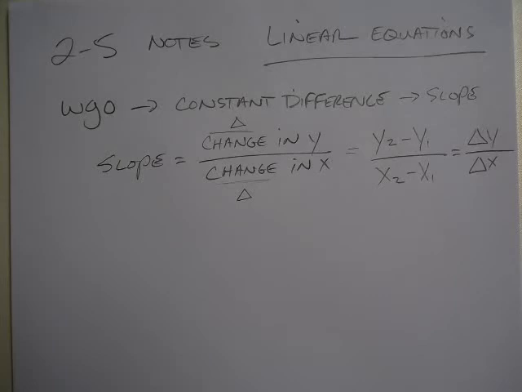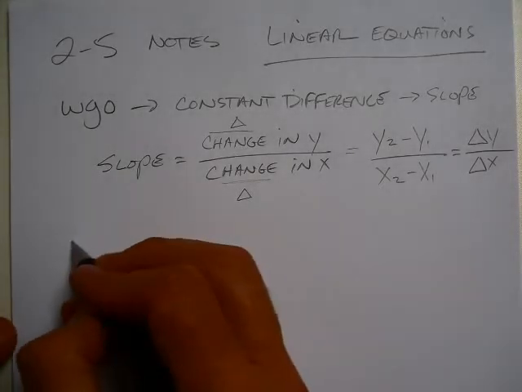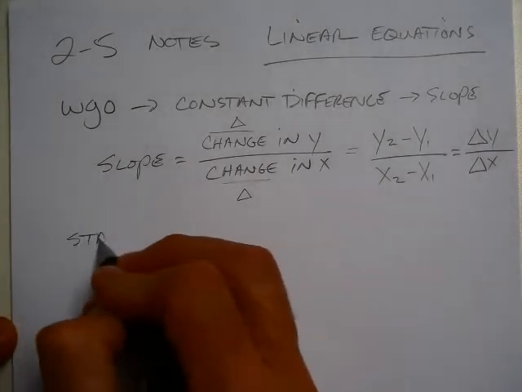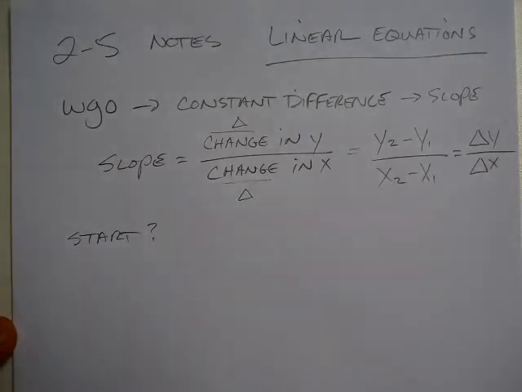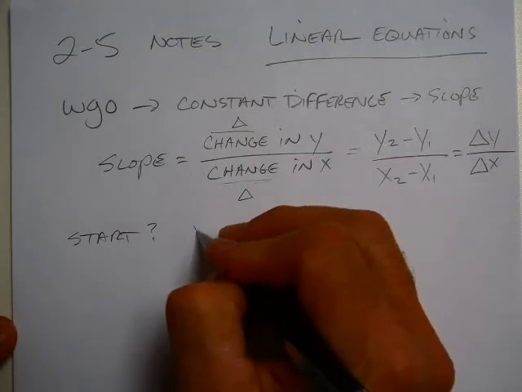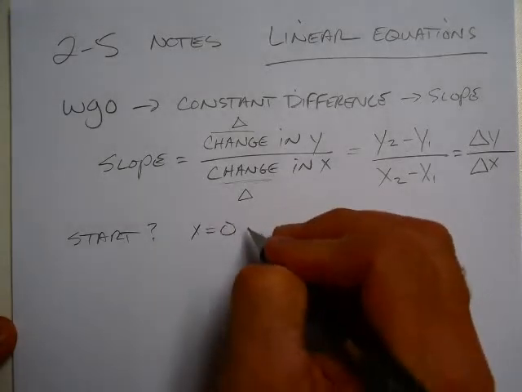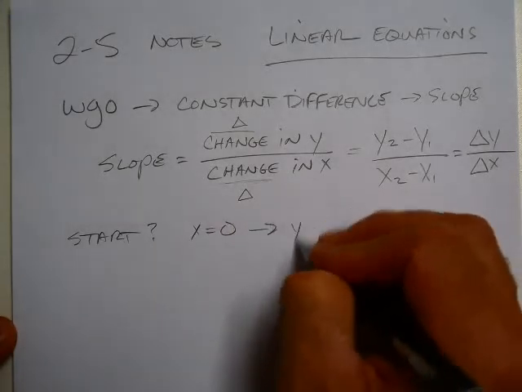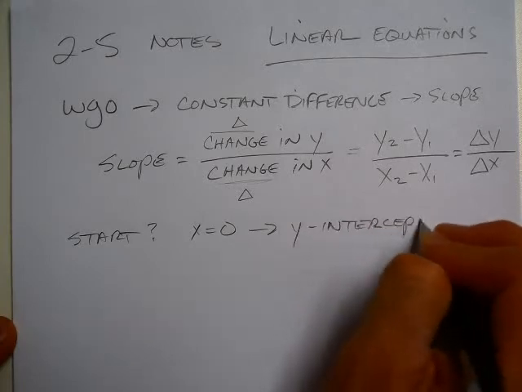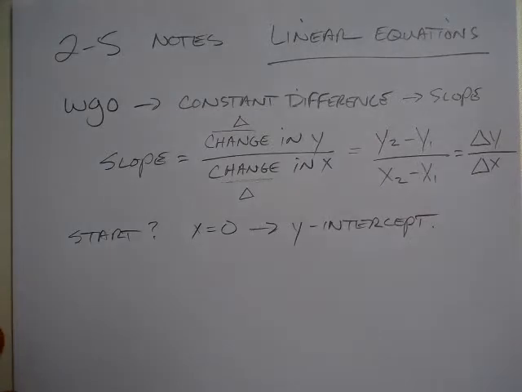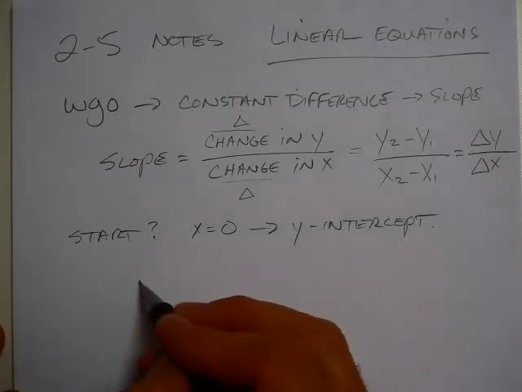Now, what's the starting point? Where do we start? Well, that's where x equals 0. This is your y-intercept. So if we put all this together, it looks like this.